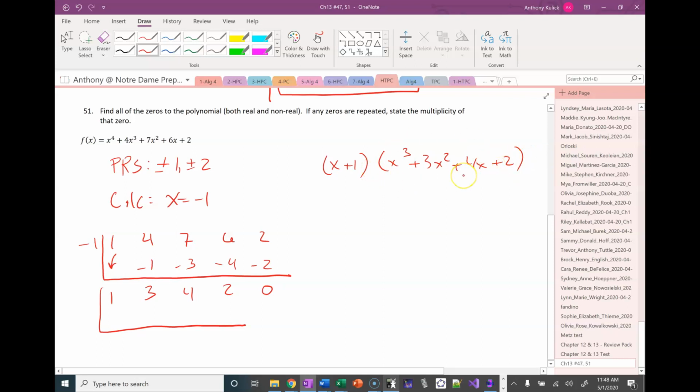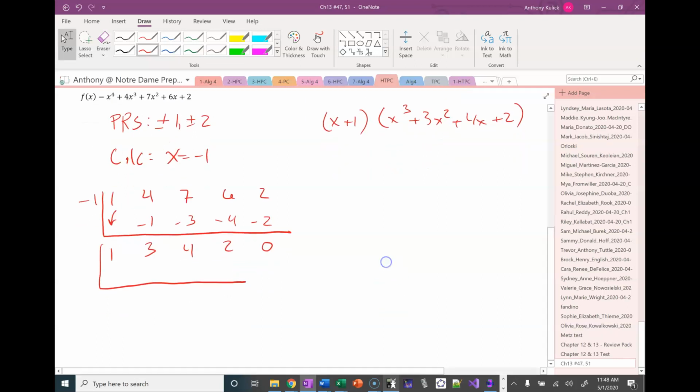And this is still not something I can factor by grouping, right? You could try it, but it's not going to work. So that means I need to do another synthetic division. Well, the only 0 I have to work with is negative 1. There weren't any others on our calculator that were possible, so I just have to try it again.